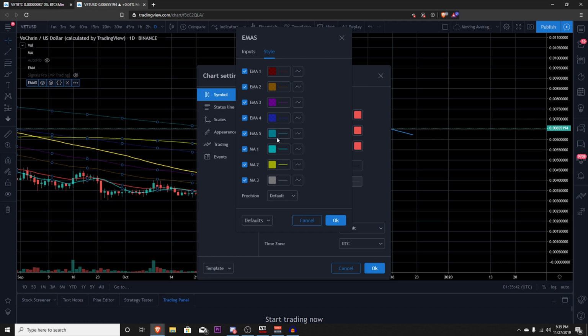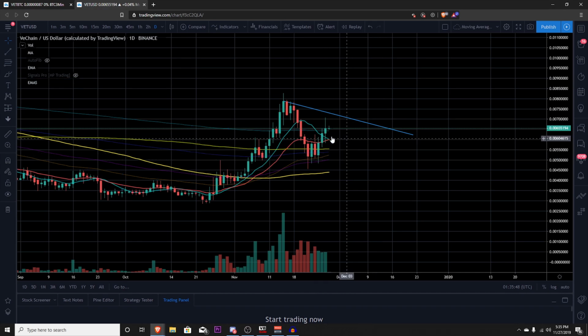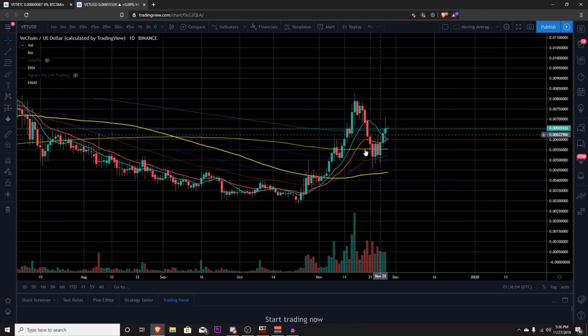I'll tell you guys what this one is. That one is the EMA 377, so it's really good that we're above that and holding above it right now. If we can find support on here, we can keep pushing. As you can see here, we broke it and we pushed up. If we can flip this for support, it would be really good.